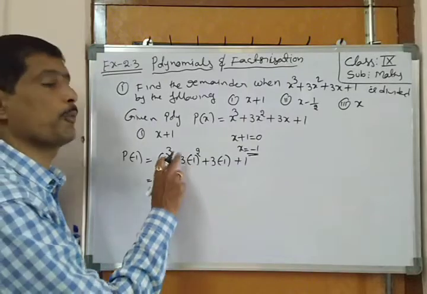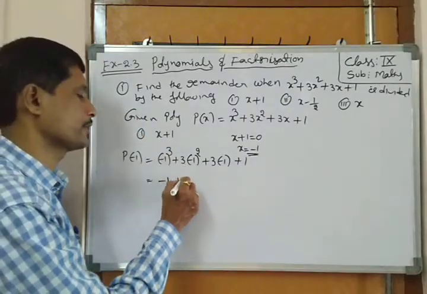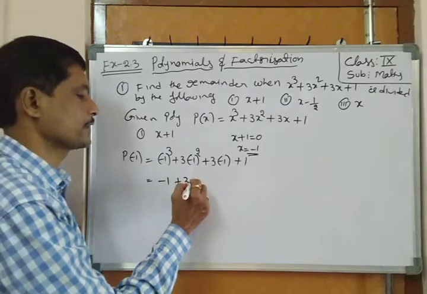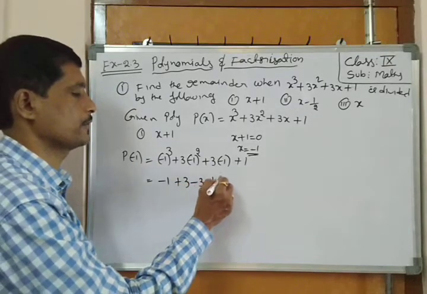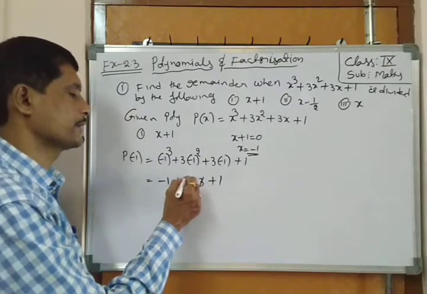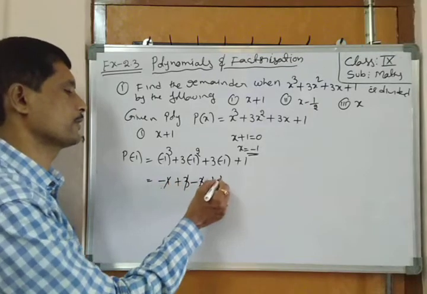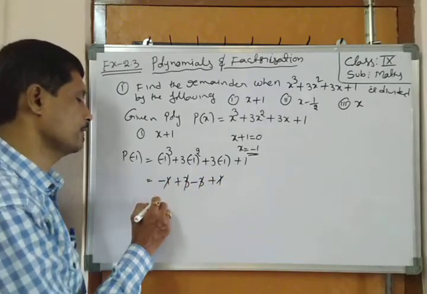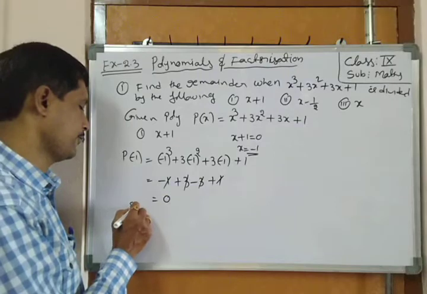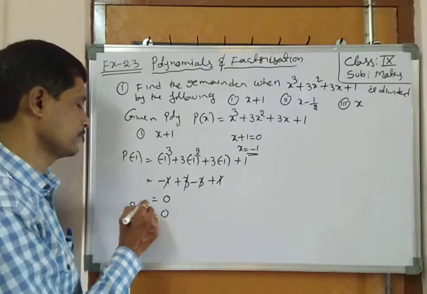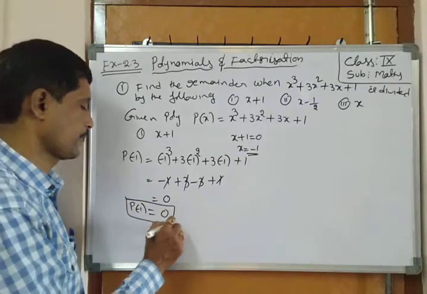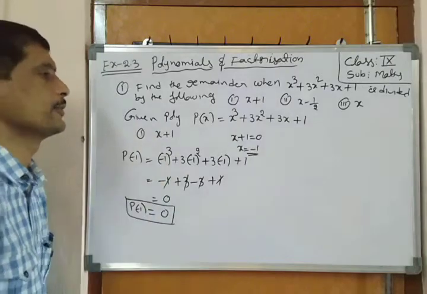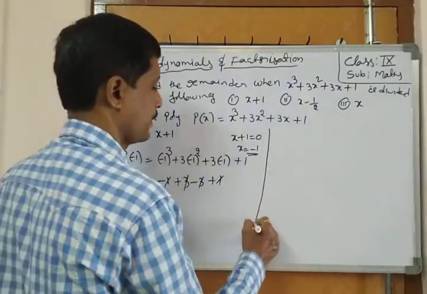Next minus 1 whole power 2 is an even number, therefore that is 3. Here 3 into minus 1 is minus 3 plus 1. Here 3 and minus 3 get cancelled, minus 1 plus 1 both get cancelled, total remainder is 0. P of minus 1 equals 0, that is exactly divisible.